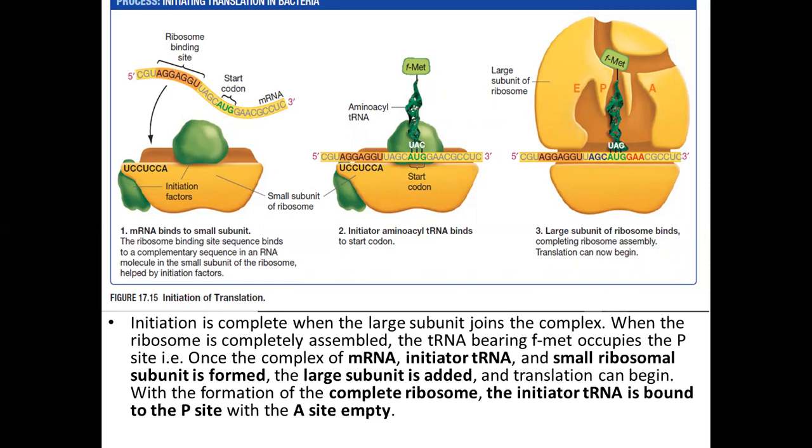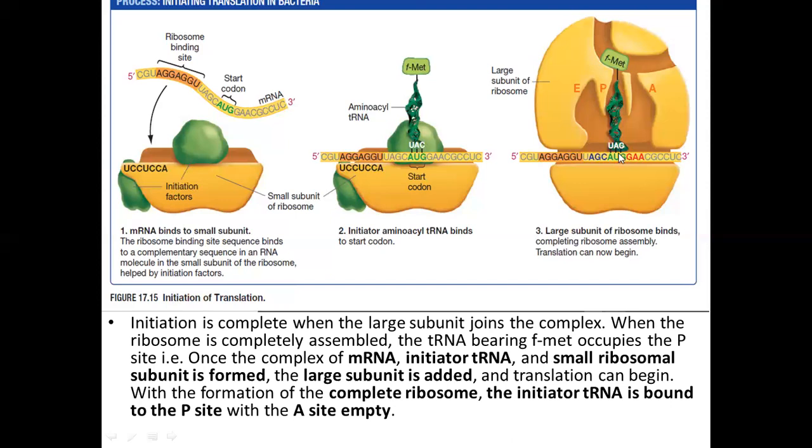Once the complex of the messenger RNA, the initiator tRNA and the small ribosomal subunit is formed, the large subunit is added and translation can begin. In the complete ribosome, the initiator tRNA is bound to the P site, the peptidyl site. Then the A site, the amino acid site, will be empty.